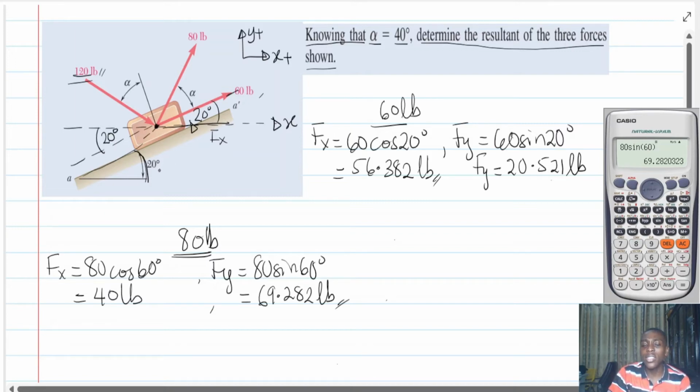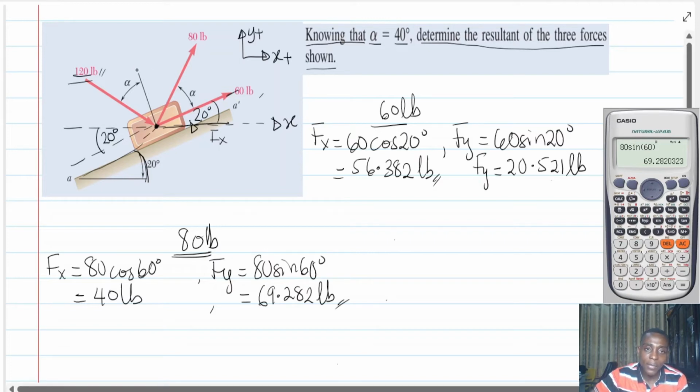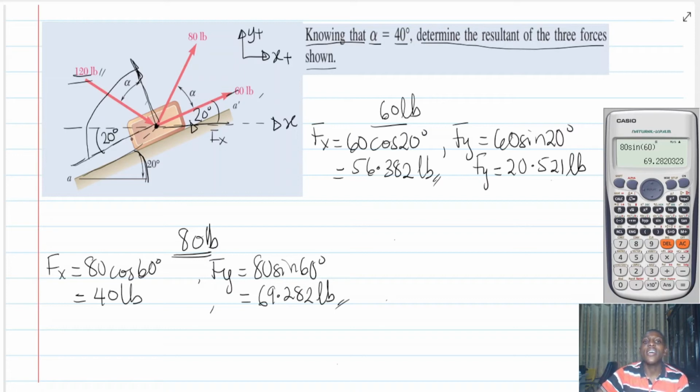It is also interesting to note that this line right here is actually making 90 degrees with the plane. So the whole angle from here all the way to here is 90.